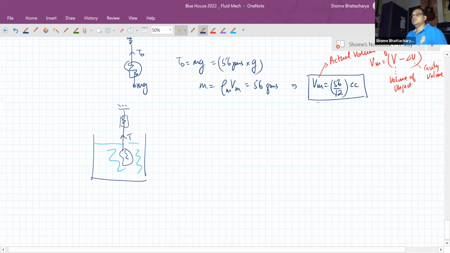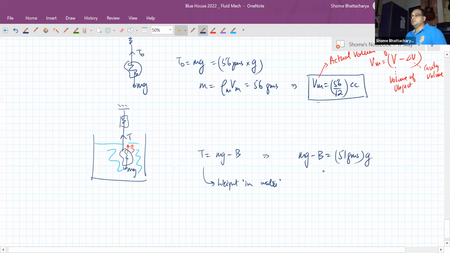That is now changed because of the additional force of buoyancy which is acting on it, and it is completely submerged in water, remember. So this new tension is mg minus buoyant force. Now this tension is nothing but the weight in water. Okay. So that is equal to 51 grams. So mg minus buoyant force is 51 grams into g.